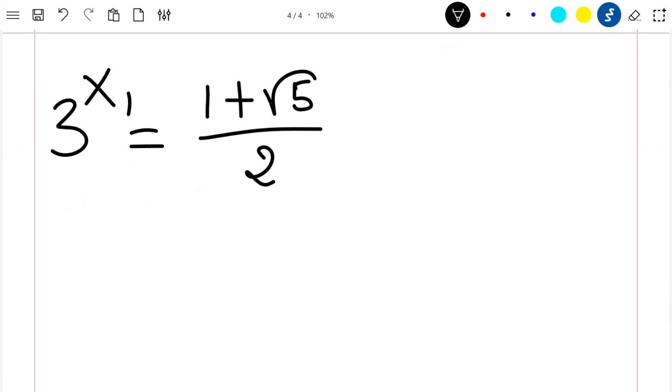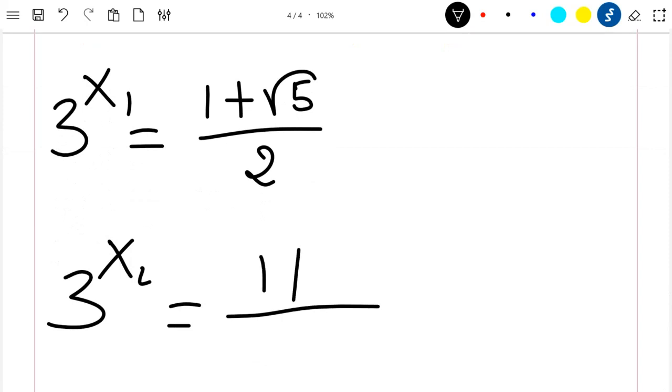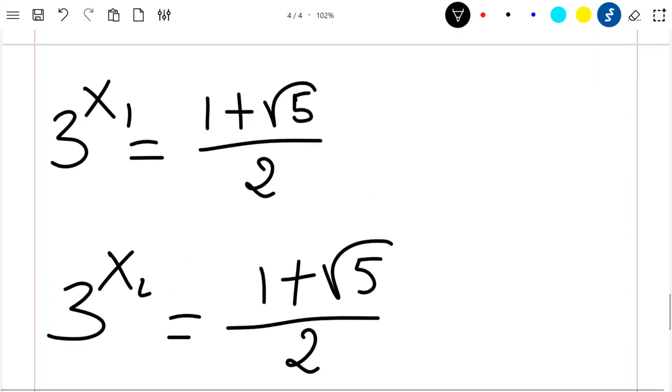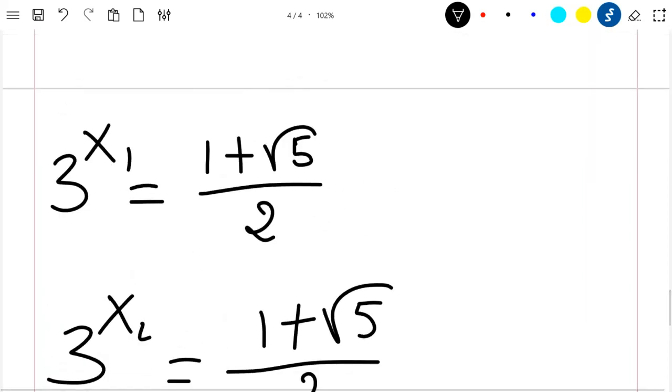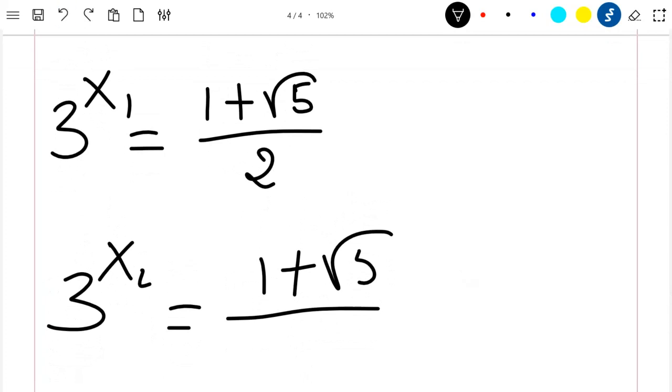And the second one is 3 to the power x2, which is equal to 1 minus the square root of 5 divided by 2.